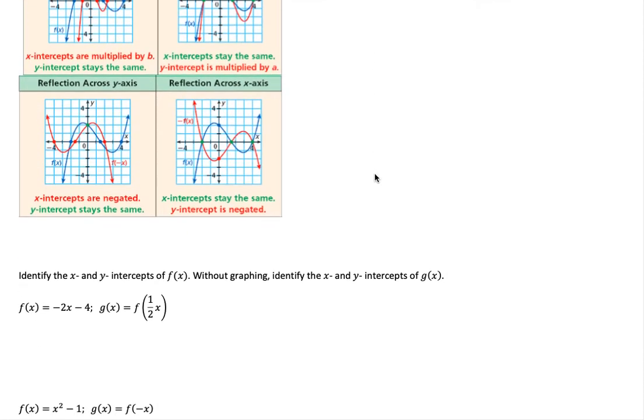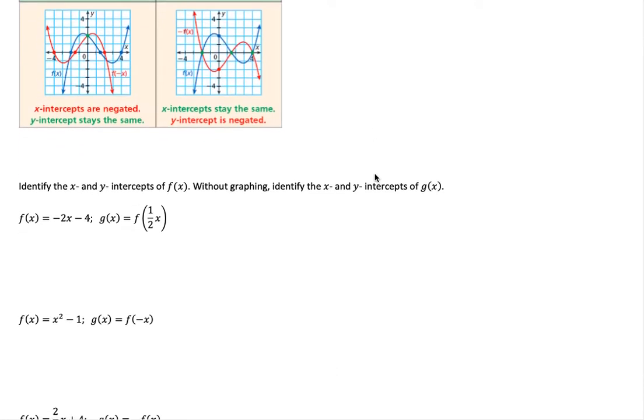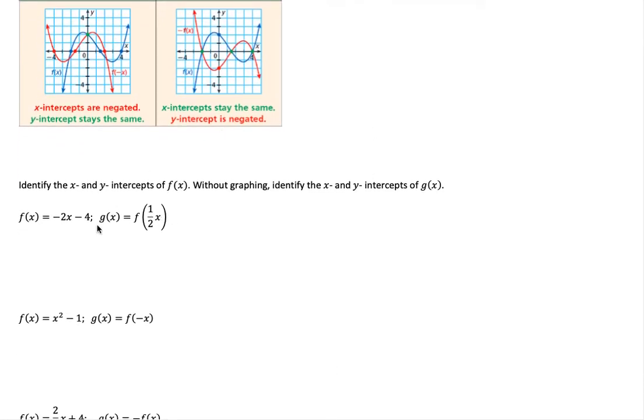So I'm going to scroll down a bit. It says identify the x and y intercepts of f of x, so this function here, and then without graphing, identify the x and y intercepts of g of x, after we've performed this transformation. In this case, this would be a horizontal stretch by 2. But let's first start with f of x, and we will write f of x's x-intercepts and y-intercept.